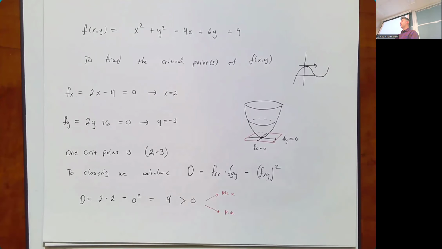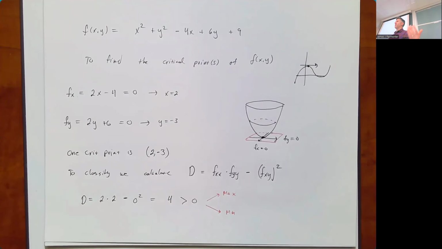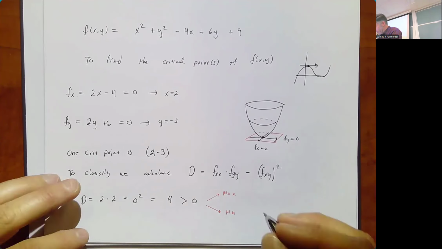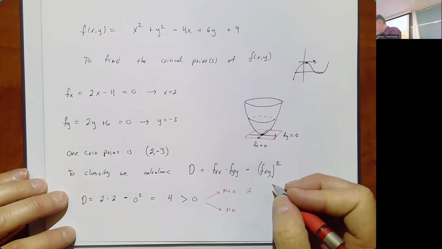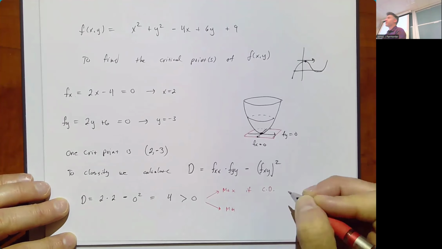It's going to be a maximum if the function is concave down. And the function is concave down if its second derivative is negative. So a maximum if it's concave down.